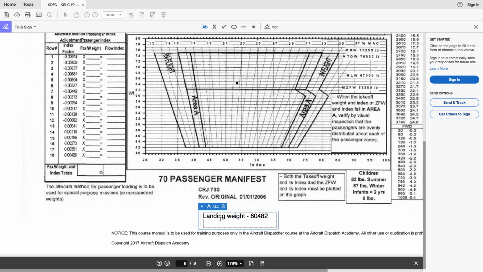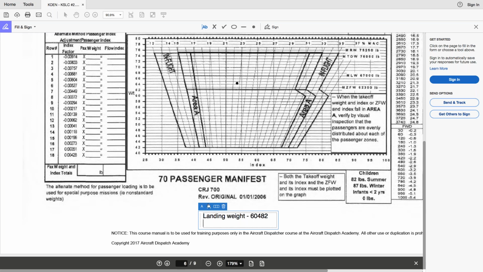If you have an alternate, you need the alternate fuel on there too. We didn't have anything other than burn off and reserve on this flight, so that's why I did it that way. But always make sure that you're only subtracting the burn off, because we don't plan to burn our alternate fuel and we don't plan to burn our hold fuel. Does that make sense? Those are there for the what if scenario, right?